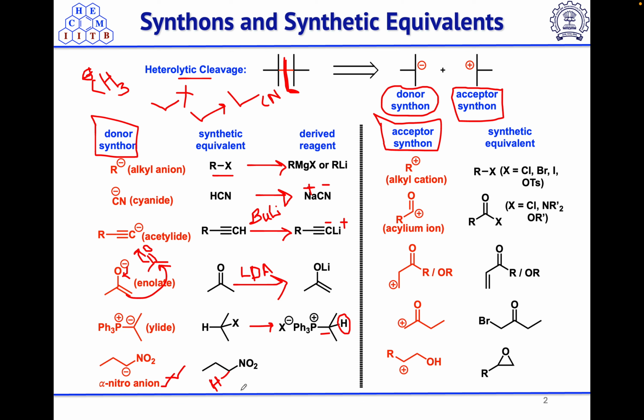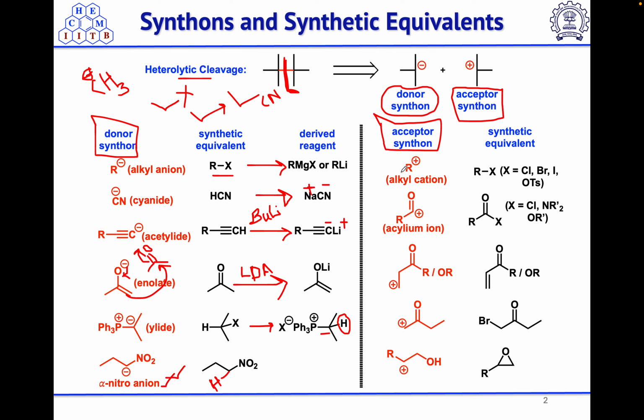Okay, so similarly for acceptor synthons, how can we think about them? If you see, this is the alkyl cation.